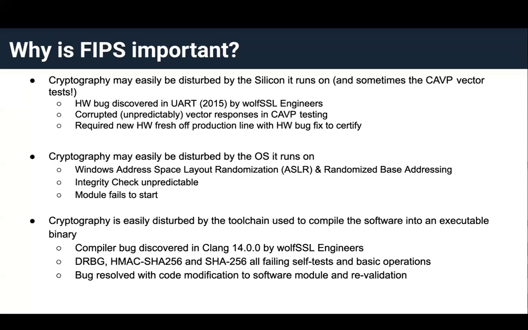We similarly saw an issue on an operating system when we were doing Windows for the very first time. They have this ASLR thing. It's address space layout randomization, where our integrity check couldn't pass.